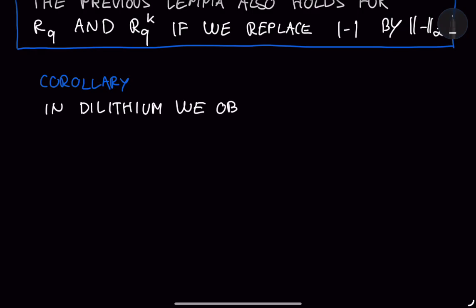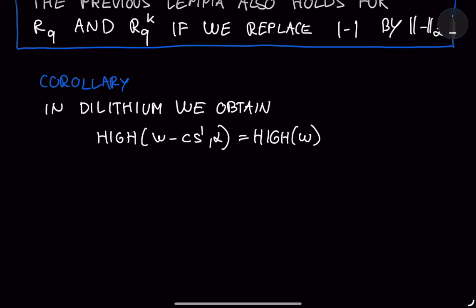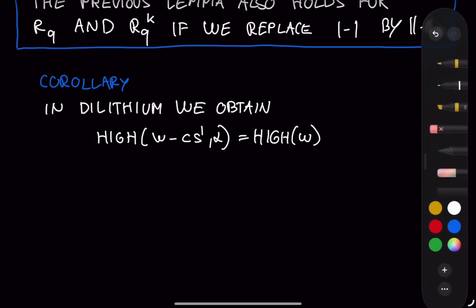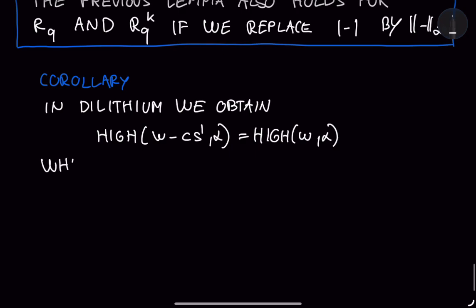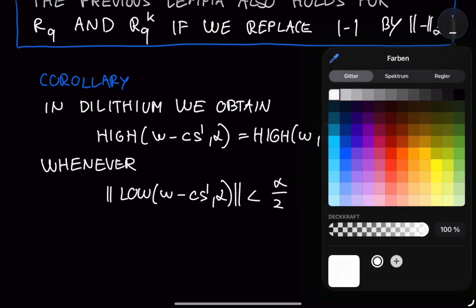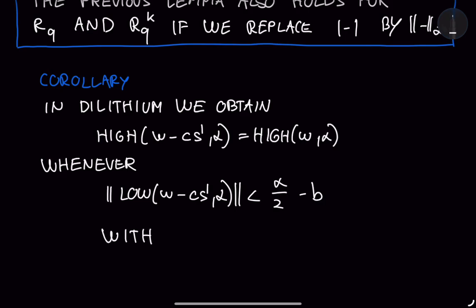So in Dilithium we obtain that the high of W minus CS' alpha is the same as the high of W, whenever the infinity norm of the low part of W minus CS' is smaller than alpha half minus B, with the fact that the norm of CS is smaller than B.